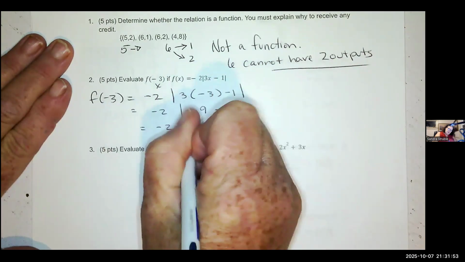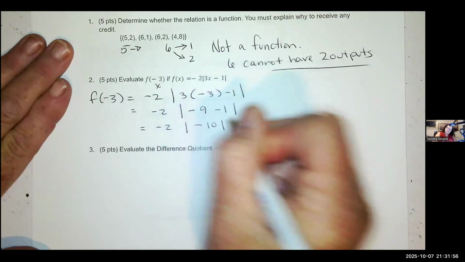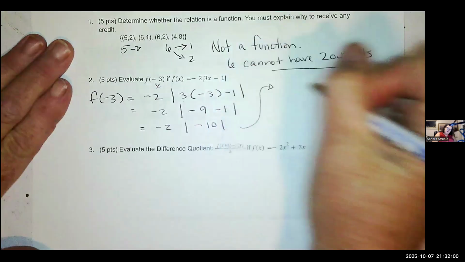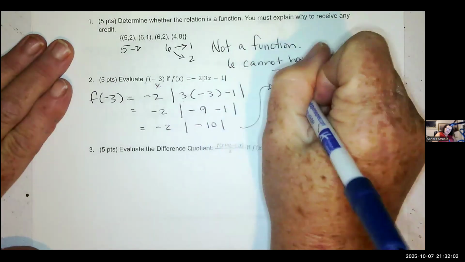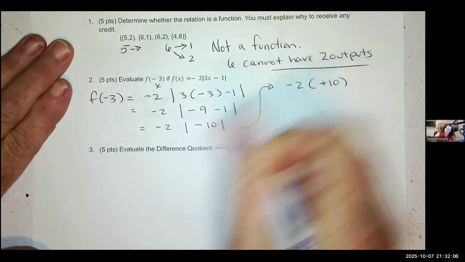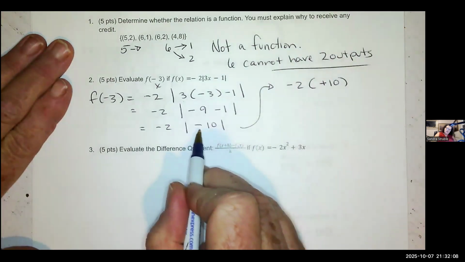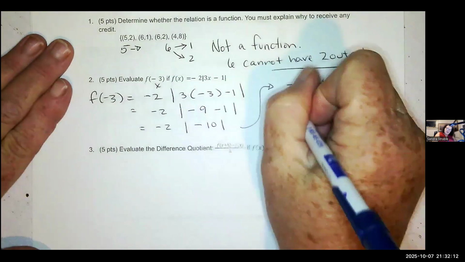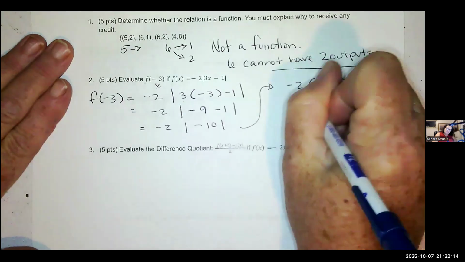That's equal to -2 times the absolute value of -10. Remember, anytime you take the absolute value of anything, it makes it positive. So we've got -2 parentheses, +10 now, because it's coming out of the absolute value, it becomes positive. You don't need the positive, I just did that for you. And so my answer is -20.